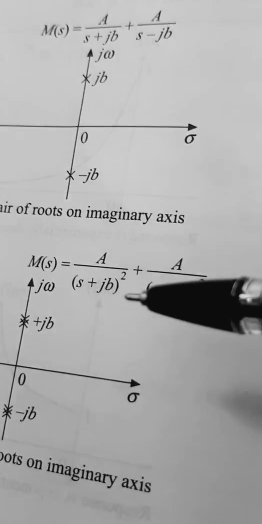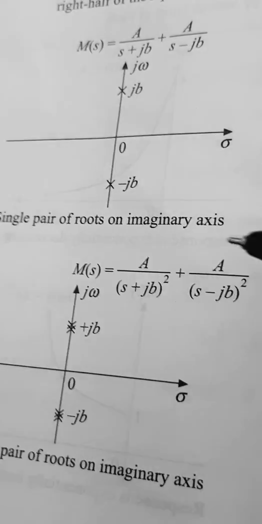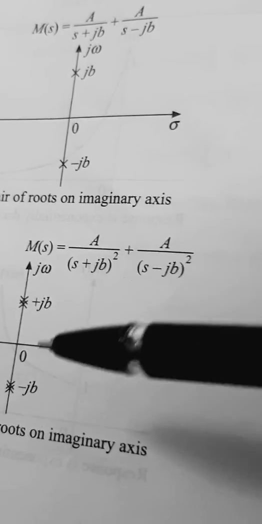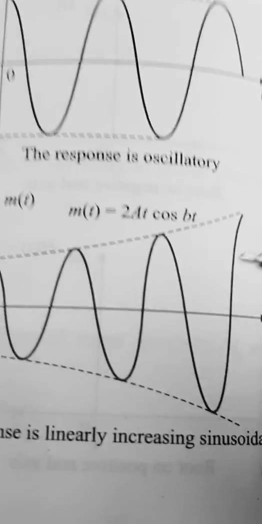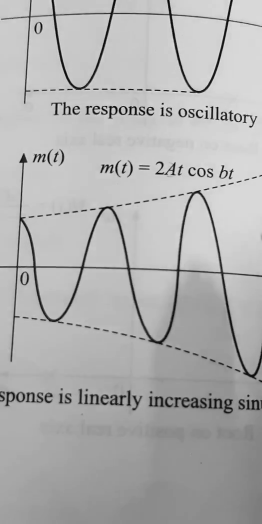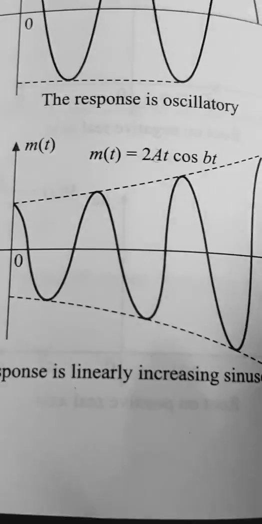So s is equal to minus jb, s is equal to minus jb. So repeated roots at minus jb, and when you analyze this, there are repeated roots at plus jb. In this case, the response is oscillatory, but the amplitude is increasing. So it is definitely not stable.